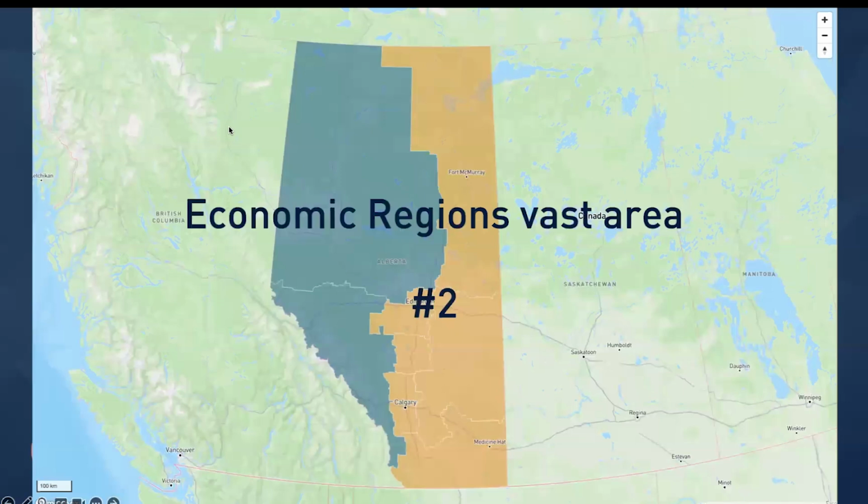This is the map of Alberta, and the area on the left side in green is the 2 economic regions combined. Together they make up almost half of the land area of Alberta, and the rest in yellow are the remaining 6 economic regions. Publishing one single number for the unemployment rate across those 2 economic regions makes it totally unusable for communities in these 2 economic regions.